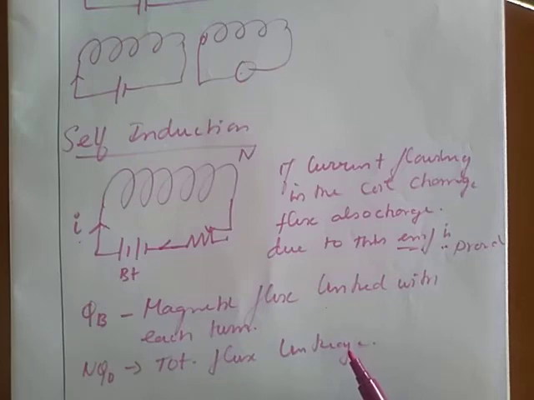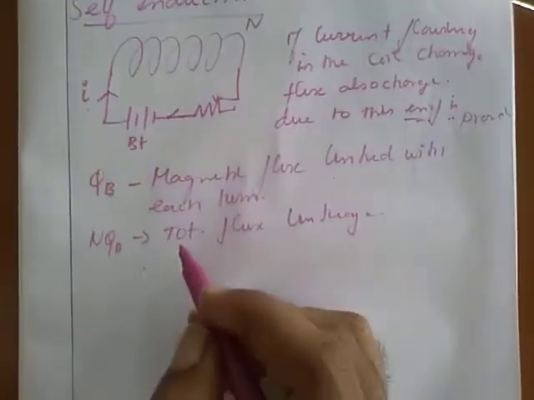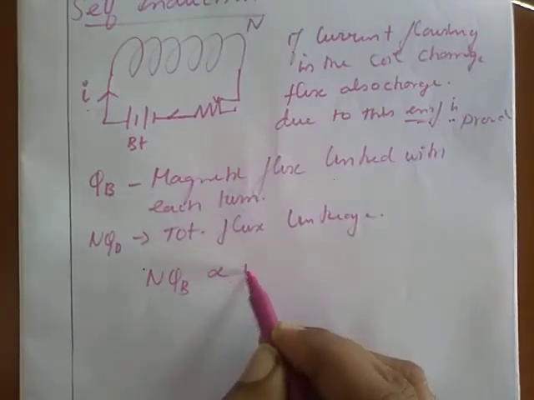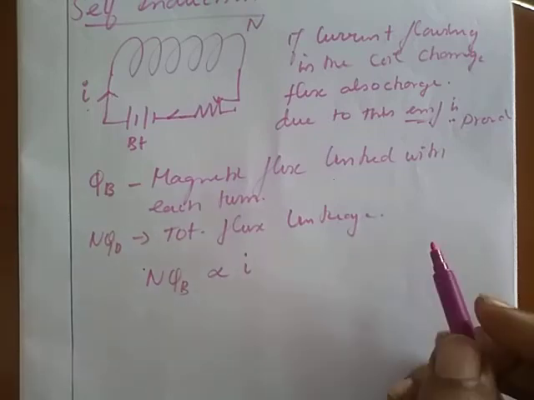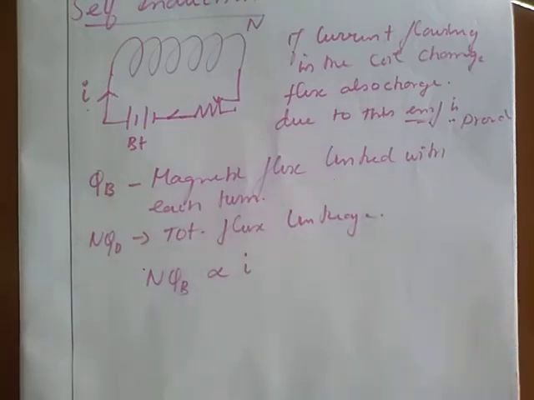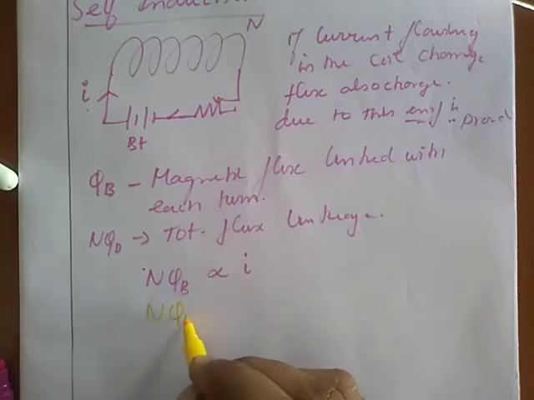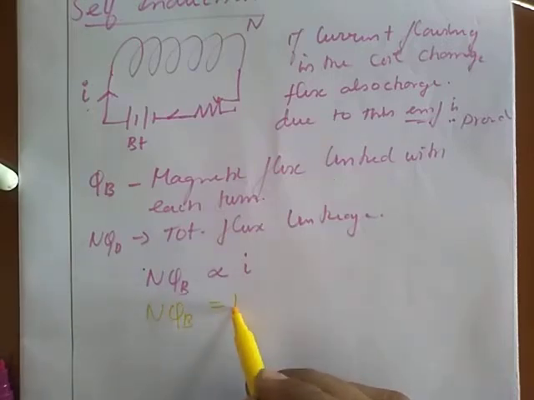We know this flux linkage is directly proportional to the current. Due to this current only, it produces a flux linkage. We can write this as N phi B is proportional to I. Here the proportionality constant can be written as N phi B is equal to LI.